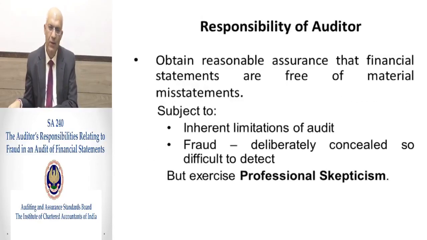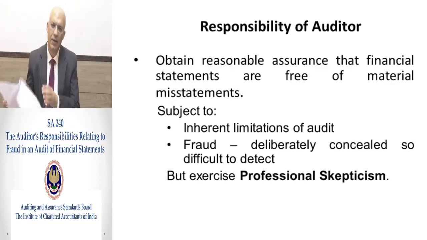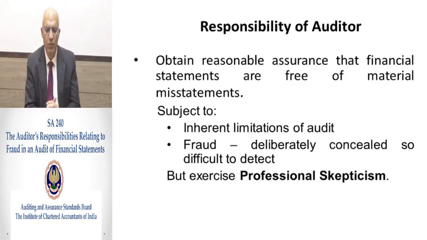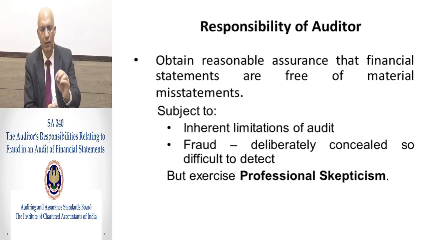Now let's see what the responsibility of the auditor is. In line with SA 200, the responsibility of the auditor is to obtain reasonable assurance that financial statements are free of material misstatements. Specifically with regard to fraud, there are inherent limitations on an audit.